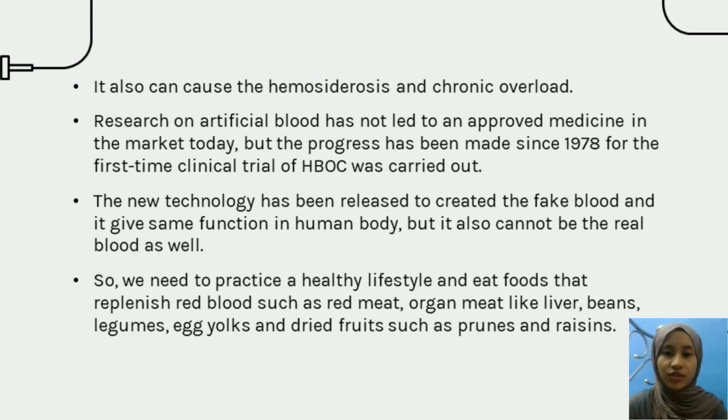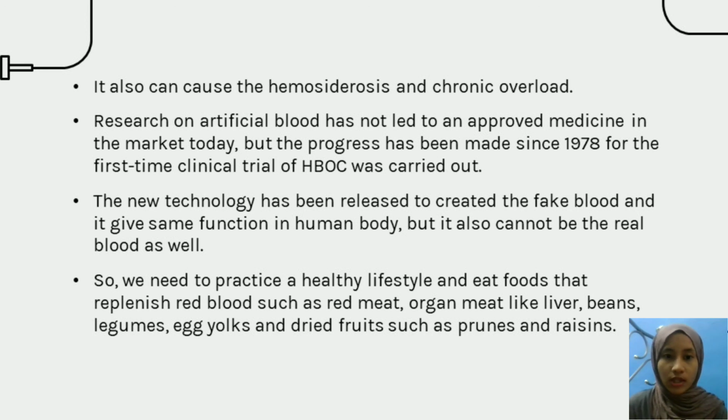Research on artificial blood has not led to an approved medicine in the market today, but progress has been made since 1978, when clinical trials of HBOC were carried out for the first time. The new technology has been released to create the fake blood and it gives the same function in the human body, but it also cannot be the real blood as well.